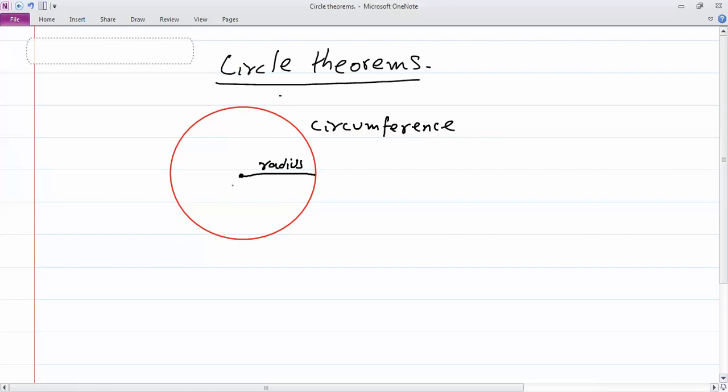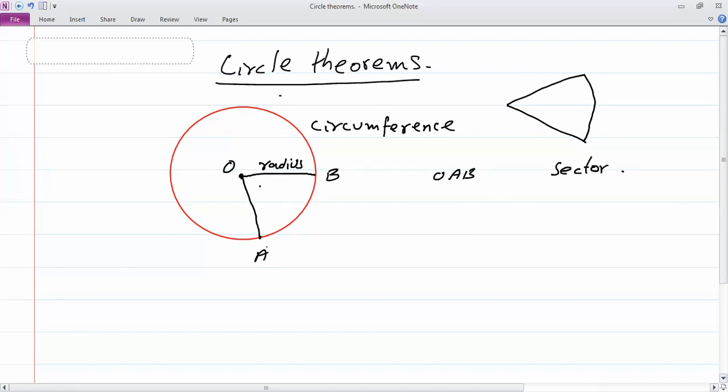Now, if inside a circle you cut any part from the center, for example, if the center is O, this is A, this is B, if you cut any piece from the circle, like OAB, we call that a sector.